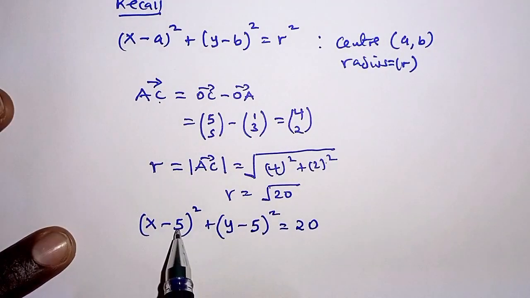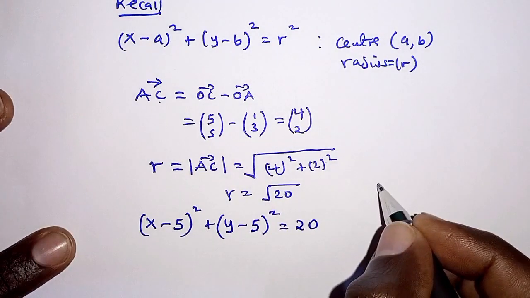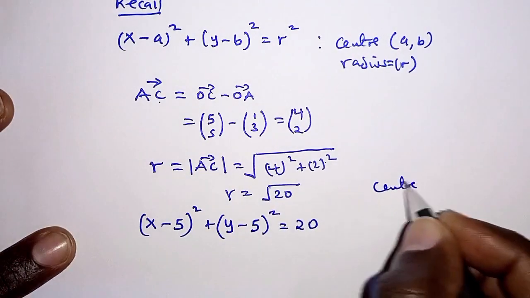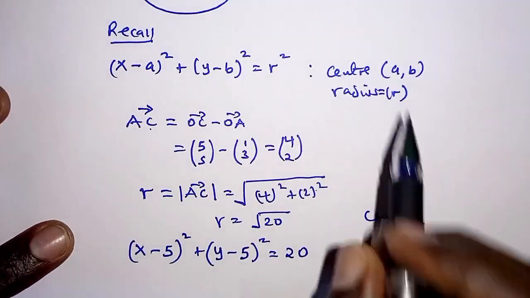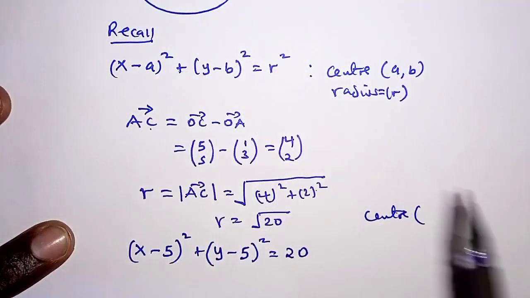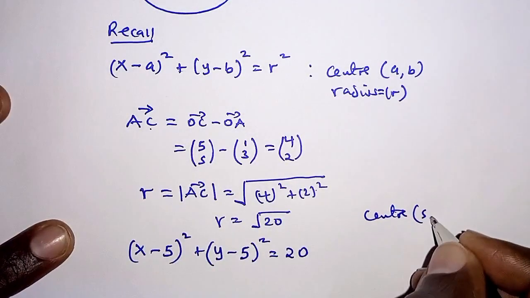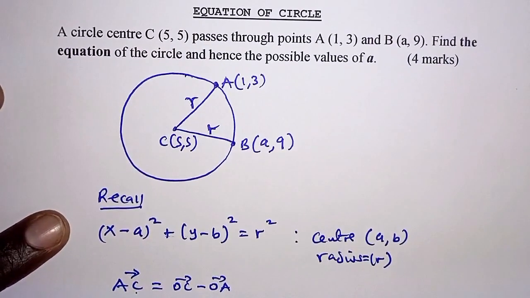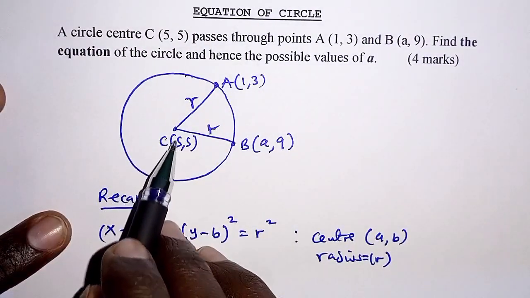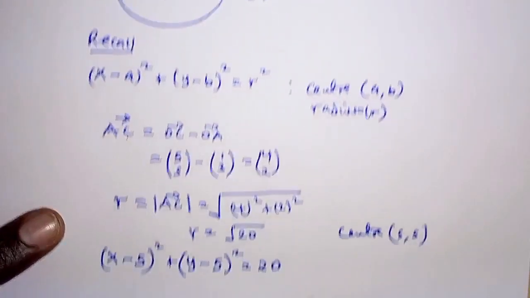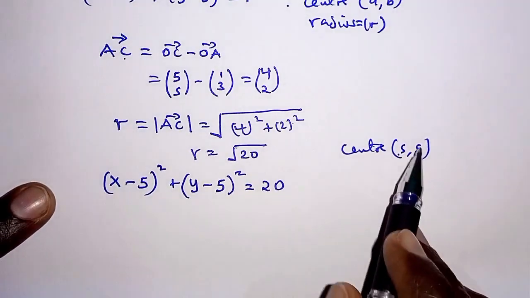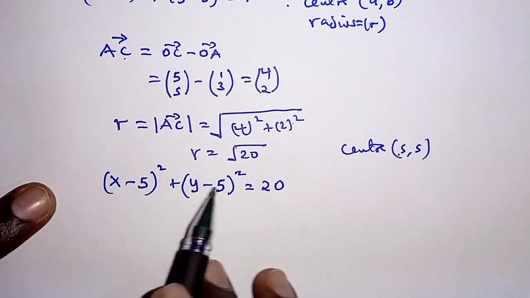Once again, these 5 and 5 are the coordinates of the center. According to the equation, center C is (5, 5), so the value of a is 5, the value of b is 5, so that's what we've substituted here.